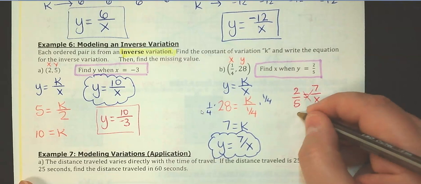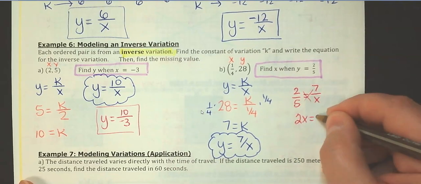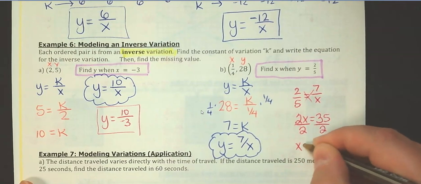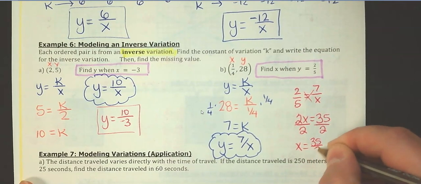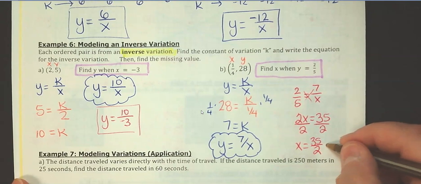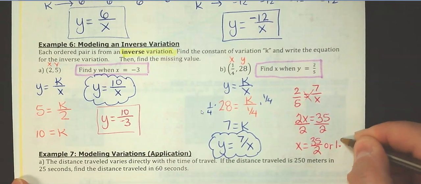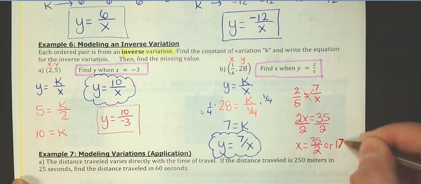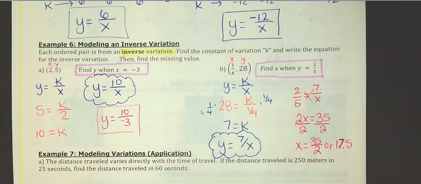Just cross multiply, you get 2x, 5 times 7 is 35, divide by 2. Now 35 over 2, that doesn't reduce or anything, just leave that. If you prefer the decimal, it's 17.5 as a decimal if you like that better. But either way, I'll take those answers. Any questions about how to set those up?